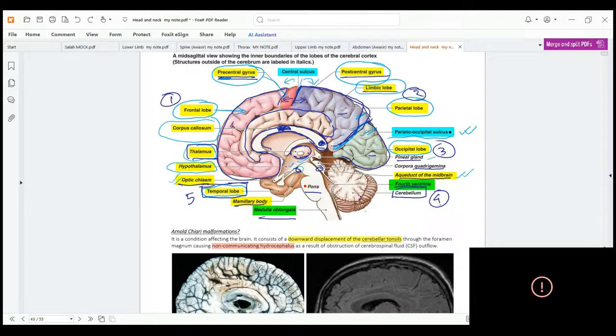The cerebellum is connected nicely with the fourth ventricle. The cerebellum is directly connected with the fourth ventricle, and there is a communication going up connecting with the aqueduct of the midbrain. Then we have the pons and medulla oblongata.